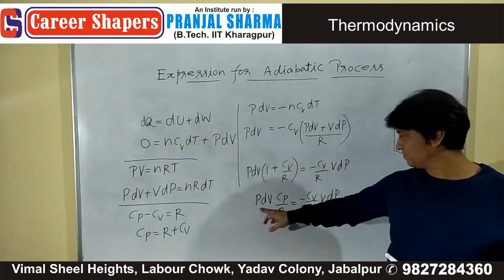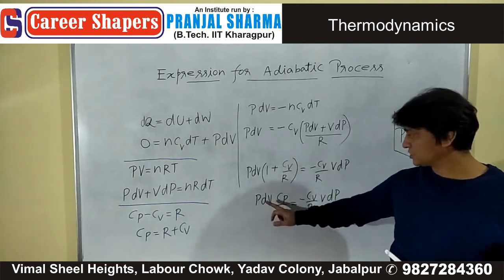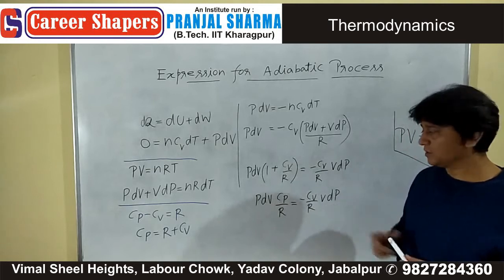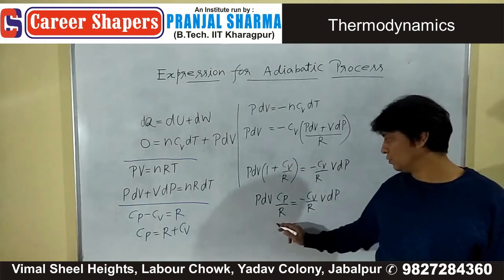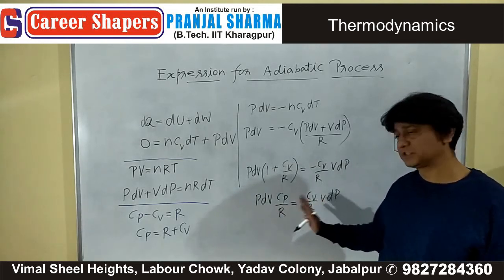When you integrate, you always take the same type of variables on the same side. So this is P, this is dP, this is dV, this is V, and therefore we'll take these variables to the same side.